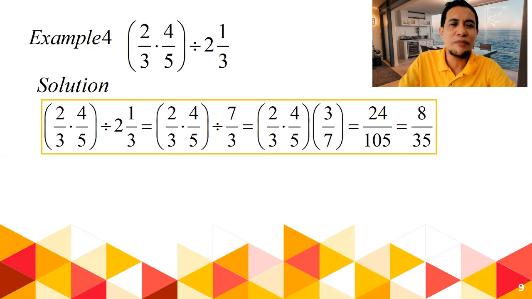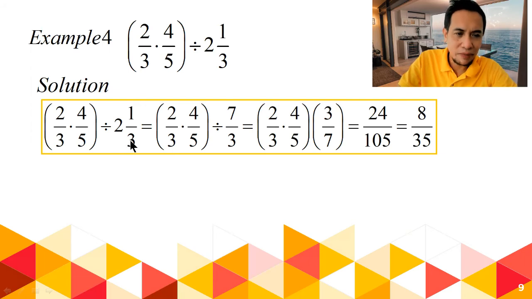All right, let's go to example number 4. This is a combination of multiplication and division of fractions or mixed numbers. 2/3 times 4 over 5 divided by 2 and 1/3. In this case, we're going to convert 2 and 1/3 to an improper fraction and then perform the division of fractions. The mixed number converted to improper is 3 times 2, 6 plus 1, 7, so it's 7 over 3.